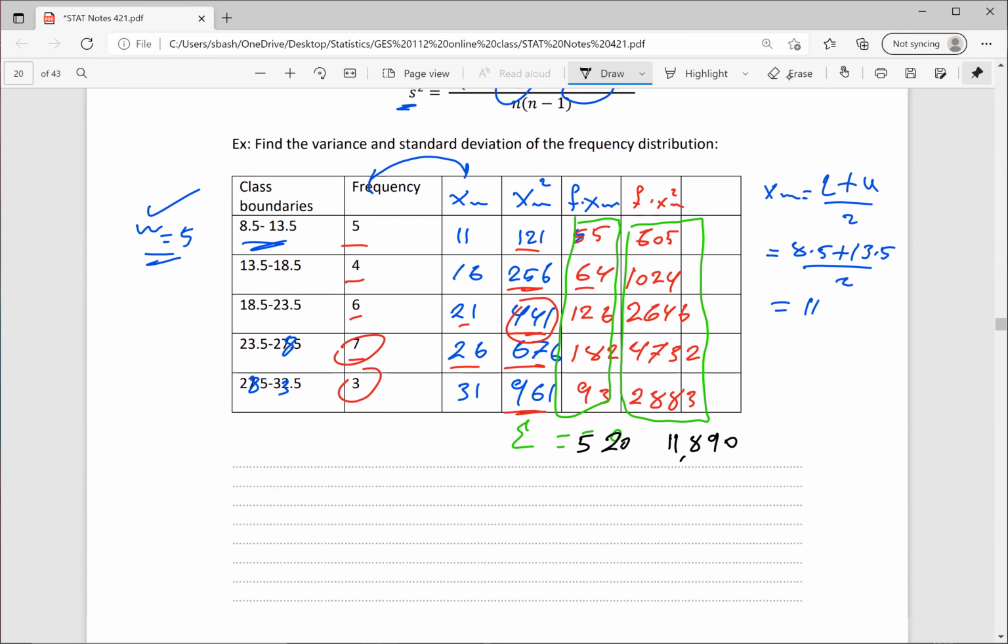Now we can find the variance, but before that we have to find n, the total of the frequencies. I have 5 plus 4 is 9, plus 6 is 15, 22, 25.